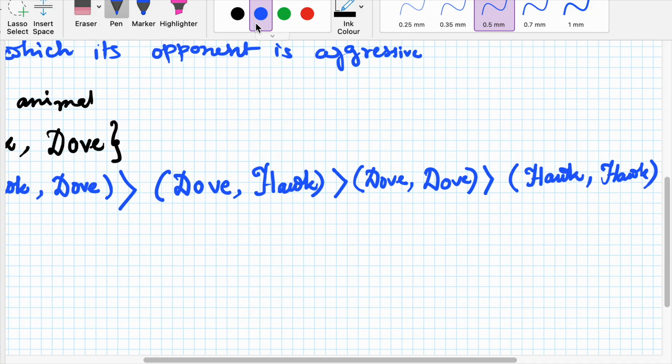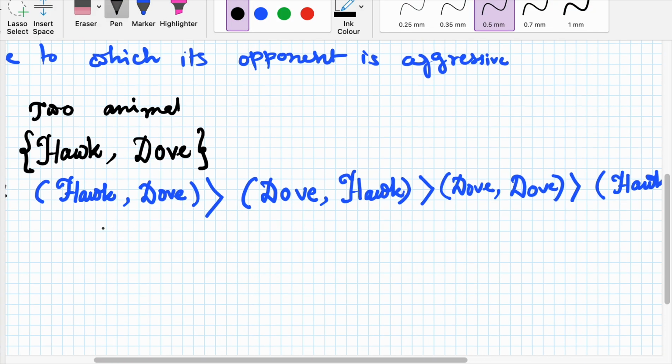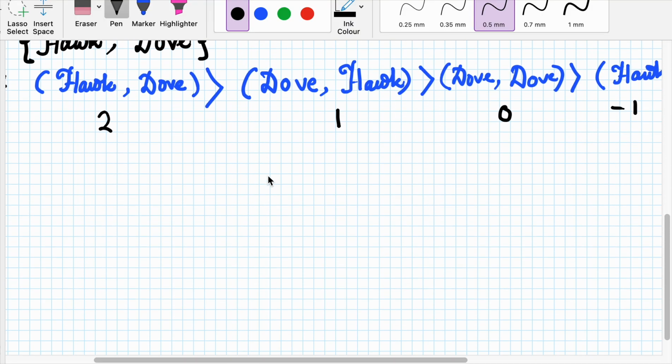Now let me put numbers here. Suppose this situation is 3, this is 2, this is 1, this is 0, and this is -1. Now the game can be represented in this way.